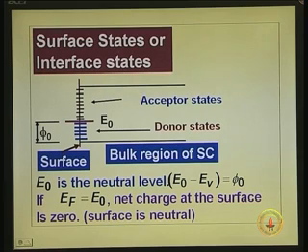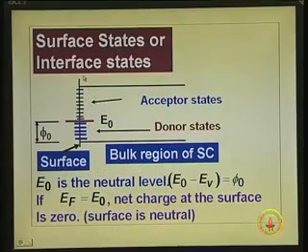What happens is, if you take the donor level, you have to be very careful here. If the Fermi level is aligned with respect to that, then the levels below that are occupied, they are neutral. The acceptor levels above that are not occupied.